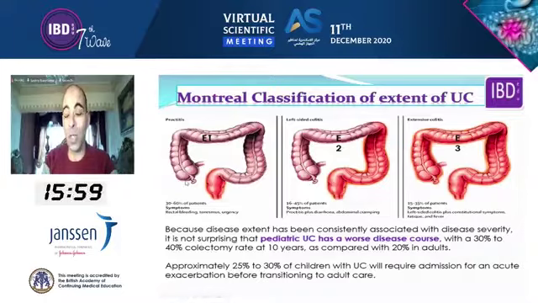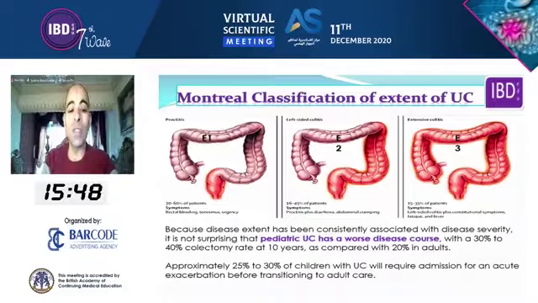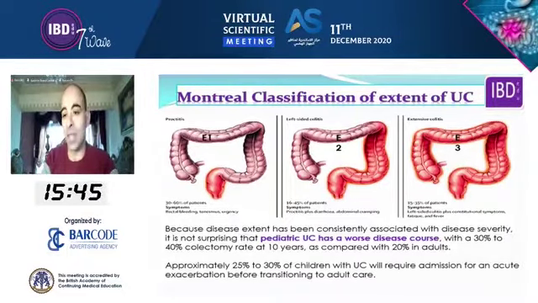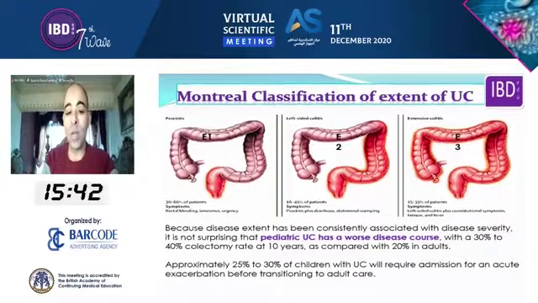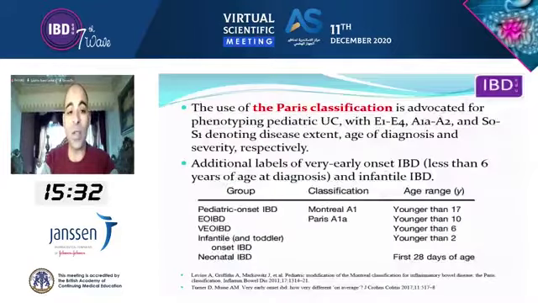Because disease extent has been consistently associated with disease severity, it's not surprising that pediatric UC has a worse disease course, with about 30 to 40% colectomy rate at 10 years, compared with only 20% in adults. About 25 to 30% of children with UC will require admission for an acute exacerbation before transitioning to adult care.